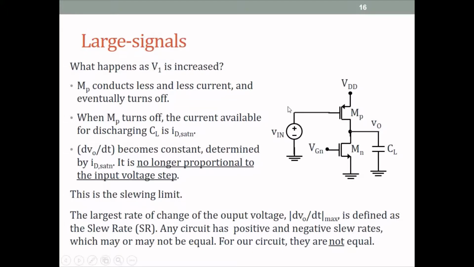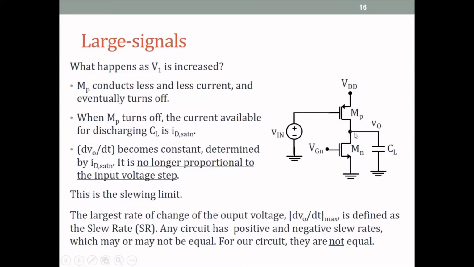Then VO is going to decrease, and CL is going to discharge through MN. And MN has a constant saturation current, as we just saw a few minutes ago.